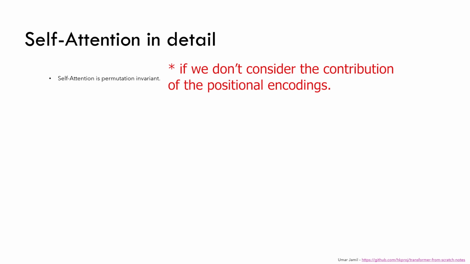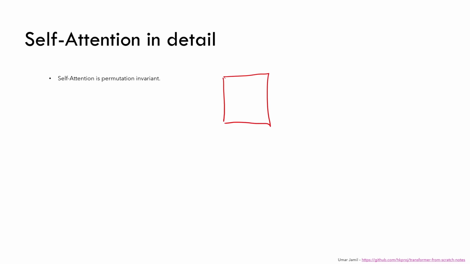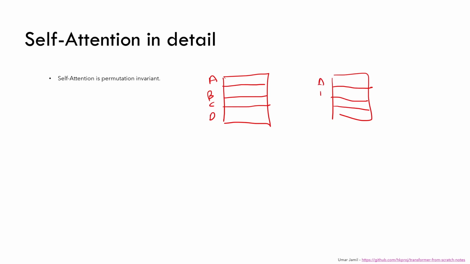It means that if we have a matrix, let's say of just 4 words, A, B, C and D, and applying the formula produces a matrix in which there is a new special embedding for the word A, a new special embedding for the word B, and for C and D, let's call them A prime, B prime, C prime, D prime. If we change the position of two rows, the values will not change, and the position of the output will change accordingly.